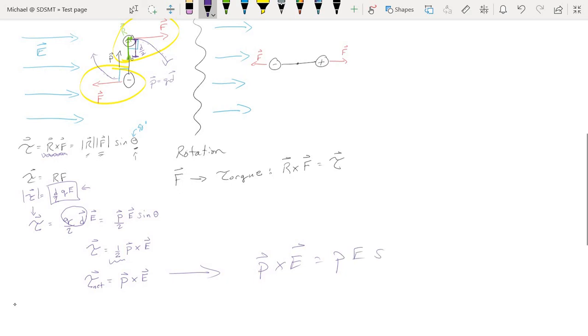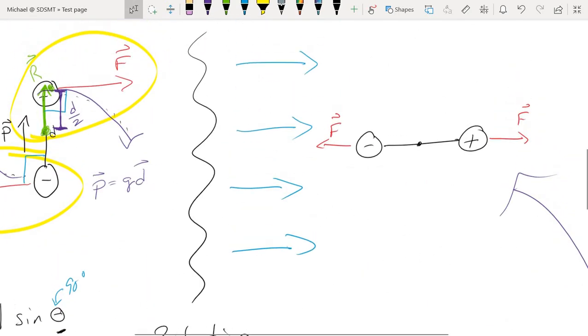If we take that idea of P cross E and we go back to our sine theta notation, well, what's happening up here now? Once our dipole reaches this particular orientation, look at the direction that the forces are pointing versus the direction that our radial vector is pointing.